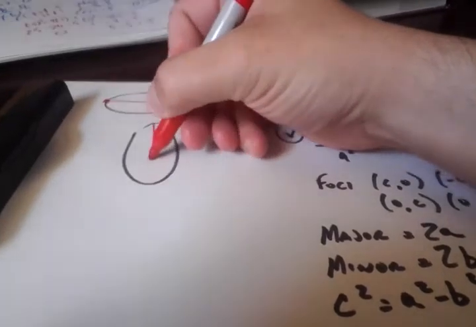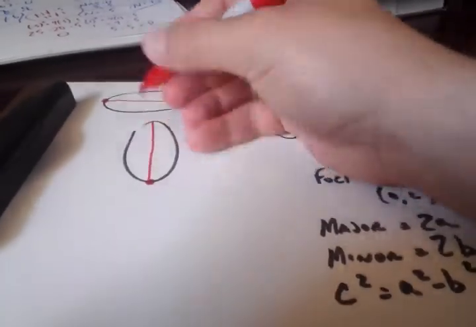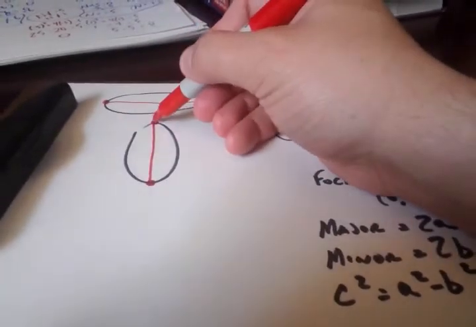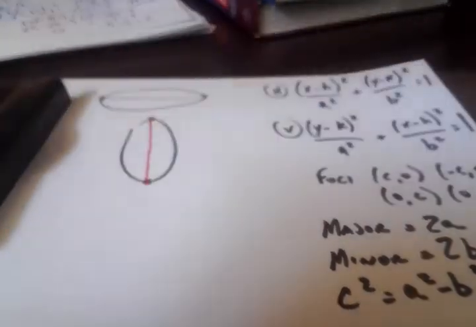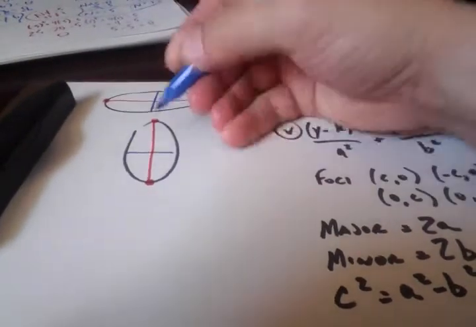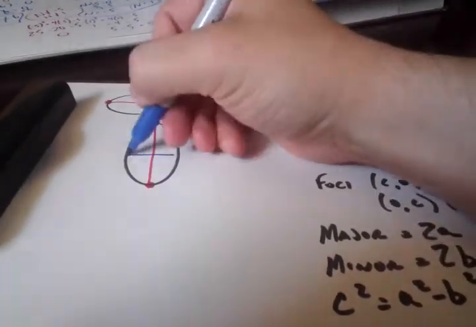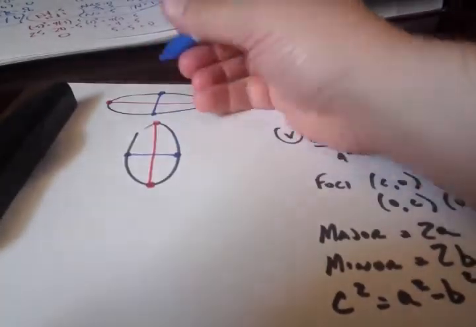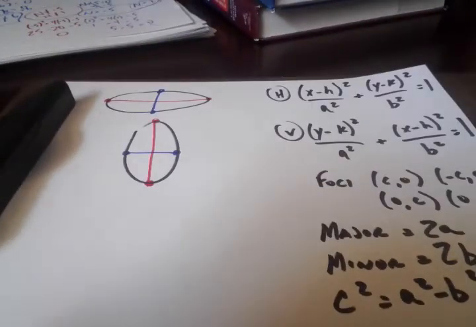So the major axis would run this way in the vertical one, and this means that these are the vertices, which means the minor axis, which is like here and here, the short way, the blue dots, would be the co-vertices. Okay, so I'm going to use those here in a second, but I just wanted to bring you back to that before we start example 2.